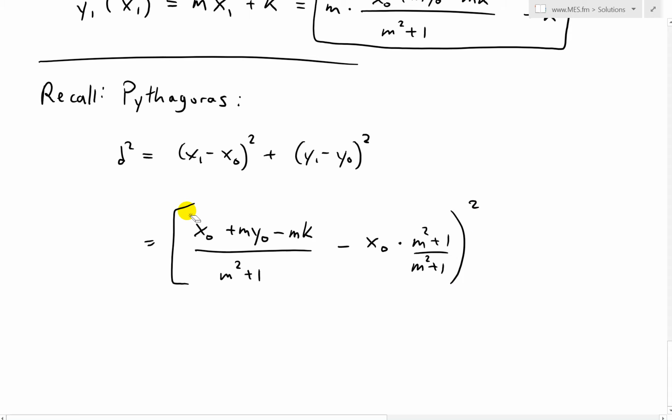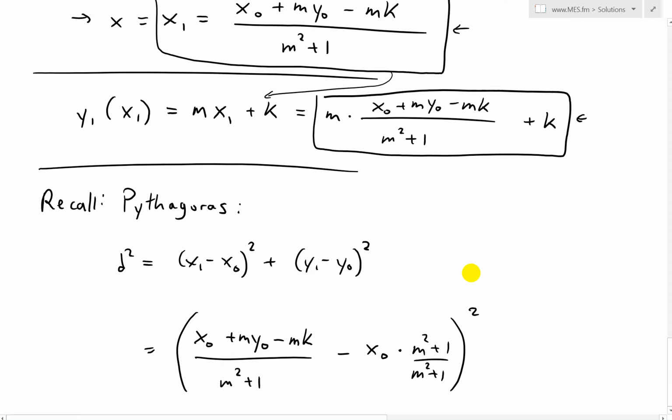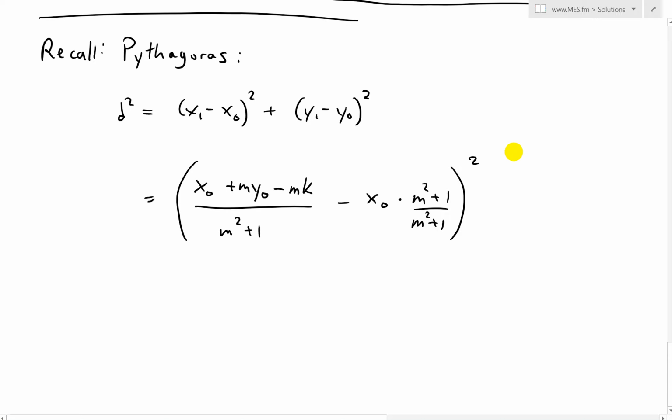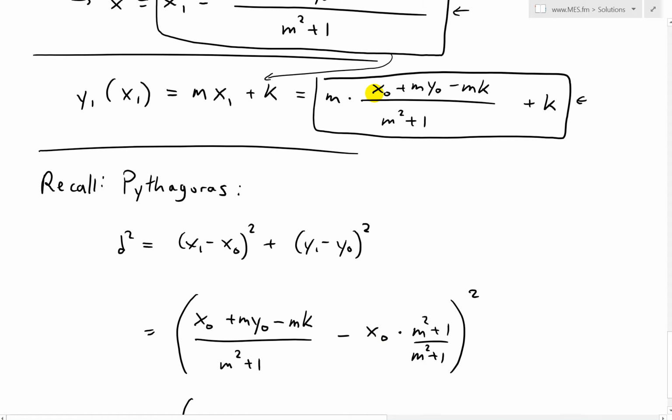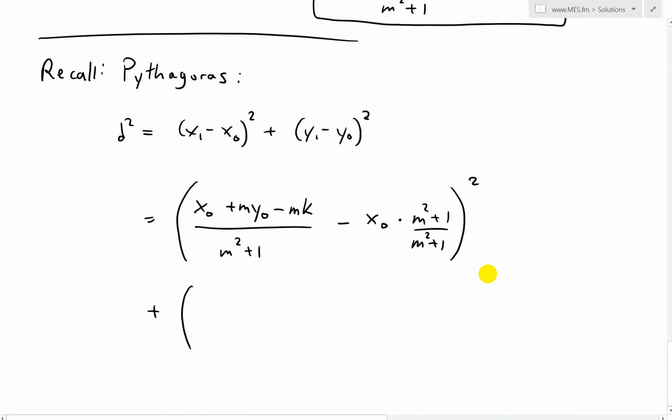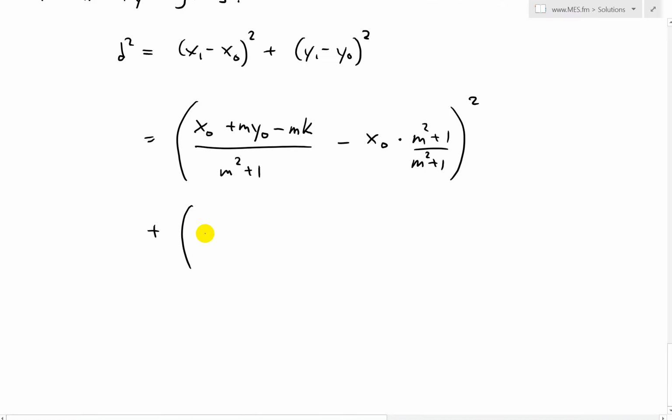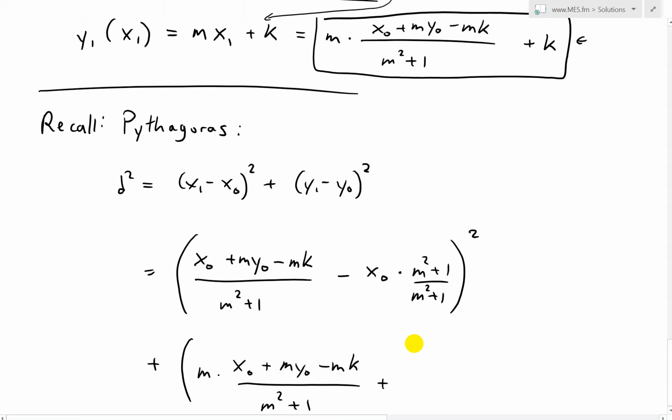Let's put a regular bracket like this, and then we have to add this side over there, plus, actually it's not x0, it's m times x0, because we have to do y1 minus y0. So we have m multiplied by x0, that's just going to be this one there, m y0 minus mk, which would be a bunch of algebra right here, plus, now we have to do the k, so you can't forget the k.